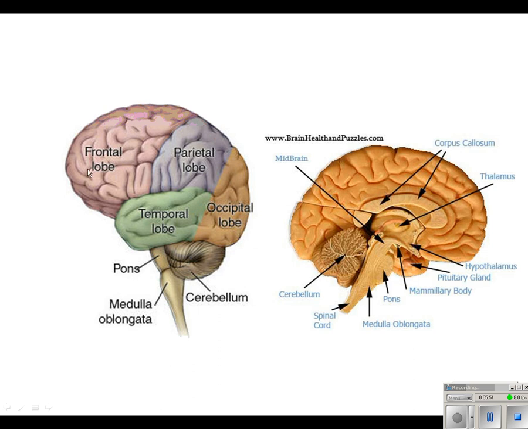So the main things you want to remember, the largest part is the cerebrum, and that's going to control our conscious thought. The small brain here is the cerebellum. That's going to be our coordination and balance. And then the brainstem, pons and medulla, are going to control those involuntary, unconscious things such as breathing and heart rate.